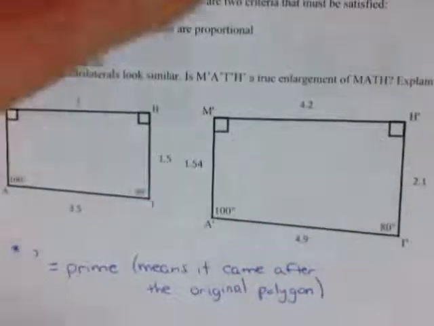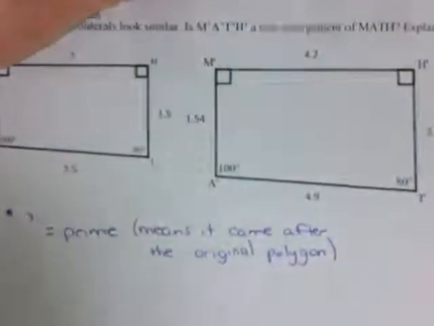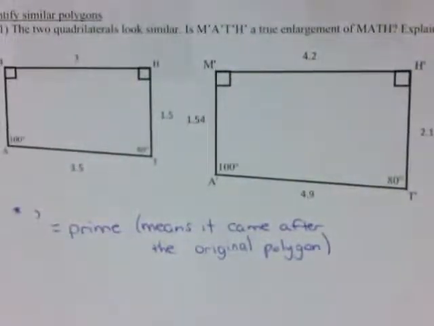Now if I was to put 2 apostrophes, it would be double prime. If I was to put 3 apostrophes, it would be triple prime. And long story short, the more apostrophes that I put, the more replications that we have of our original figure.